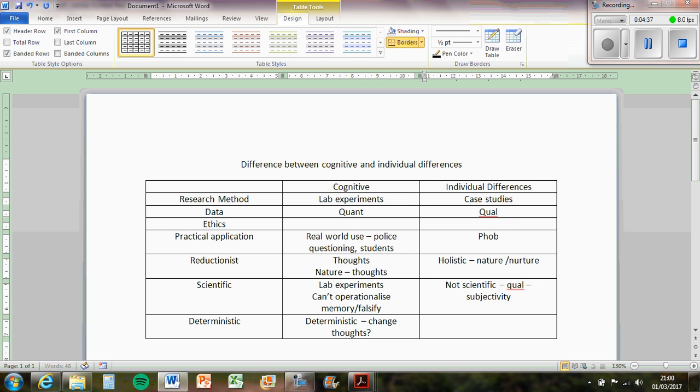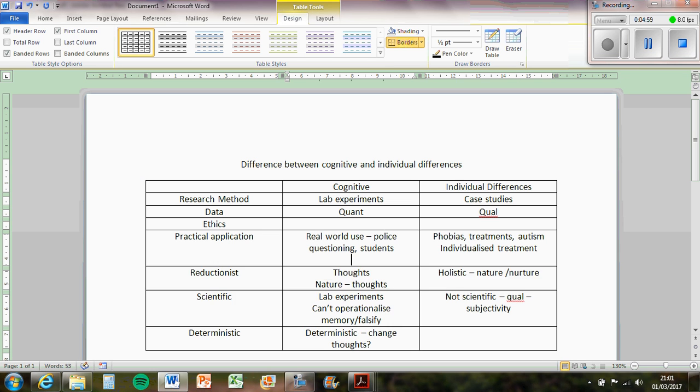Individual differences can be applied for phobias, treatments, dealing with people with autism. But remember, you're talking about the approach, not just the studies. So you think of it like an individualized treatment, whereas cognitive helps a wide range of people.